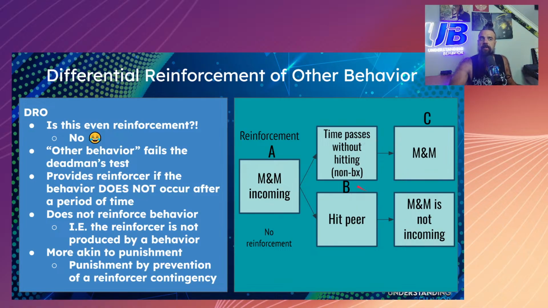The reinforcer delivery again is time based, so it's not contingent on a behavior. It's just time passing without the behavior. So if we want to get the right contingency here, we need to flip the dead man over. What happens when they actually engage in the behavior? And the answer is that it prevents the reinforcer from coming that was already incoming in the antecedent.